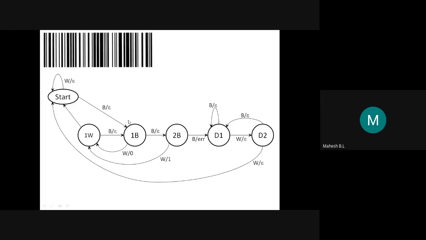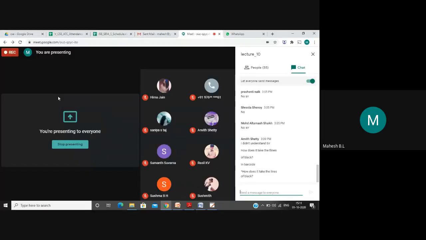If you have 3 black columns, it's an error. Then after that, you stay in D1 until you encounter a white column. If you receive a single white column followed by black, again it is an error. But if you have this error, and there is a sequence of black columns followed by 2 white columns, then you go back to the starting state. So this is how the barcode reader works.